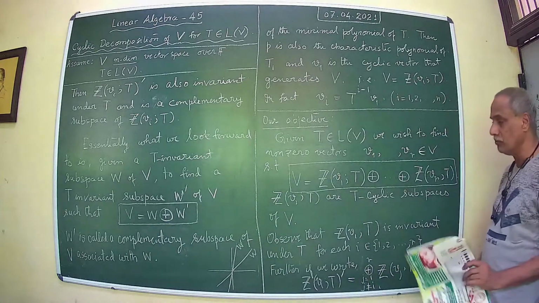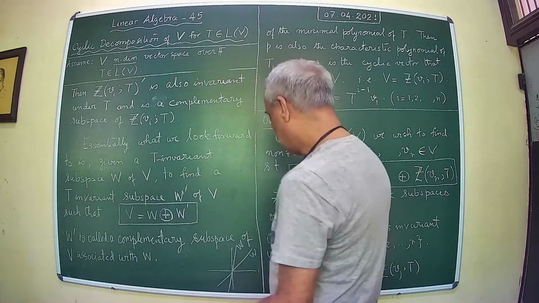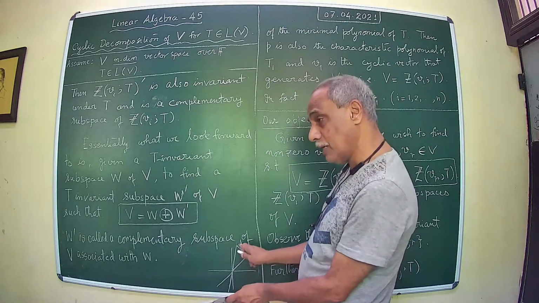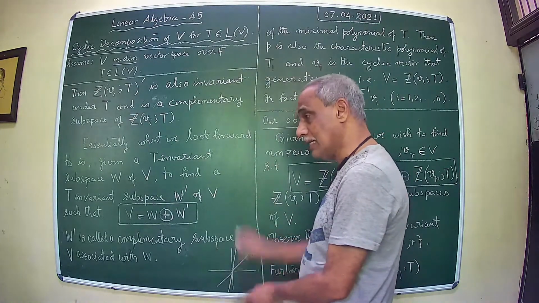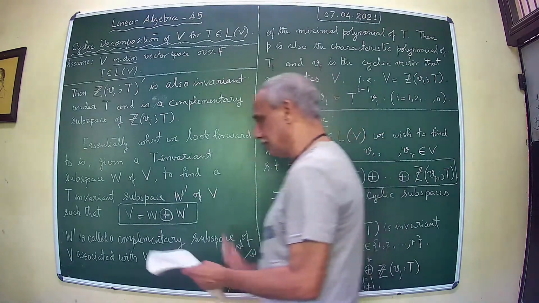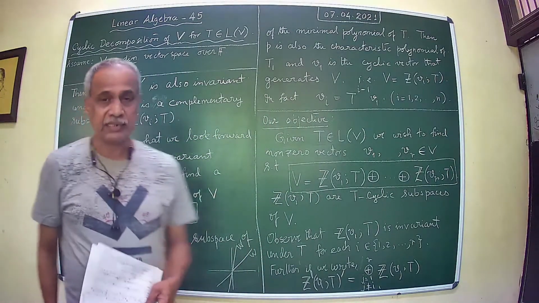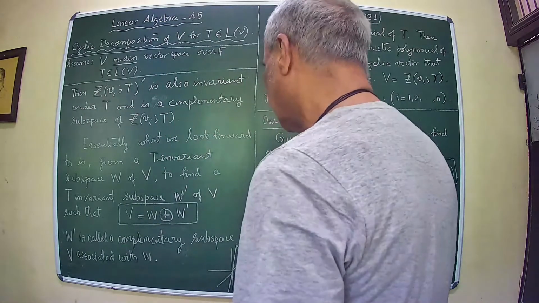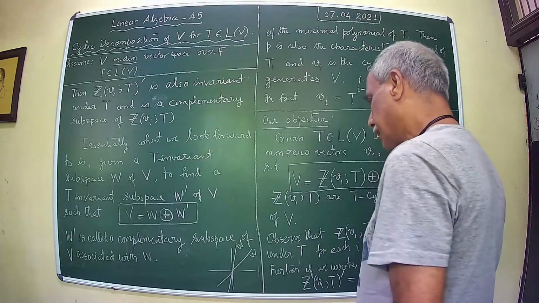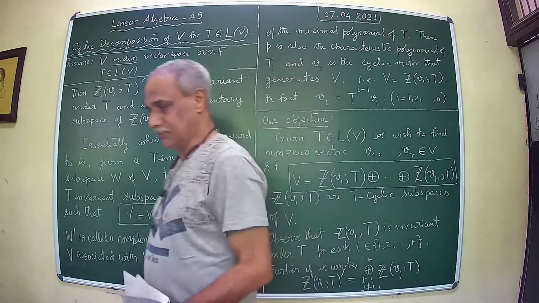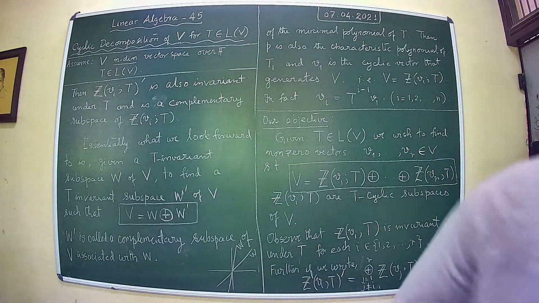But what we are looking for, if W is invariant under T, is related to T. So W is invariant under T, and you want W prime to be a complementary subspace as well as invariant under T. Now this is our task. There are several complementary subspaces that you can have, but we want a complementary subspace which is invariant under T. That's the problem.